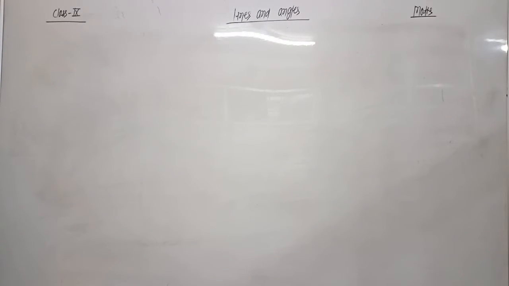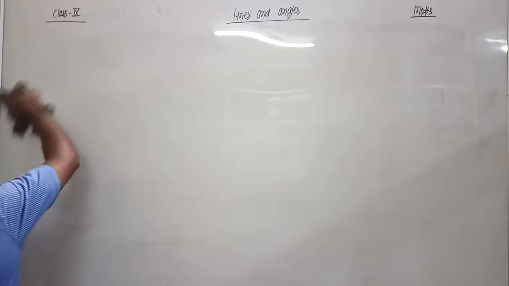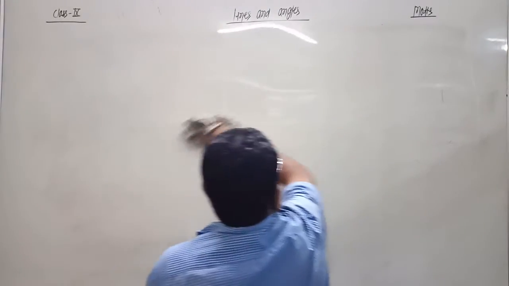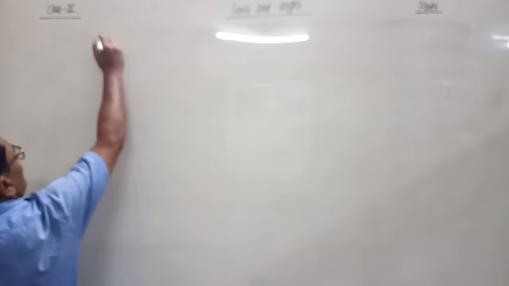That was the last thing we saw about congruent angles. Now we talk about types of angles.